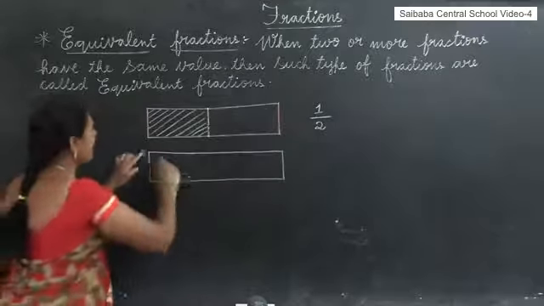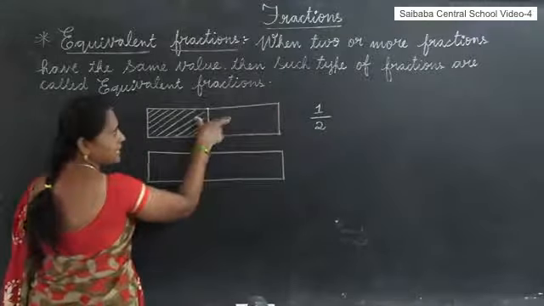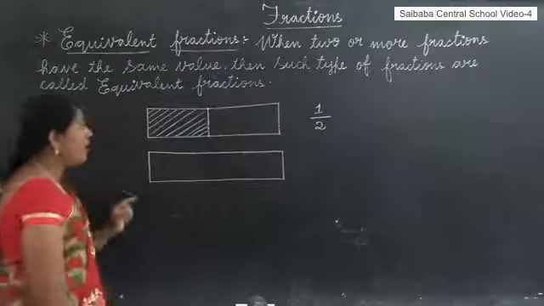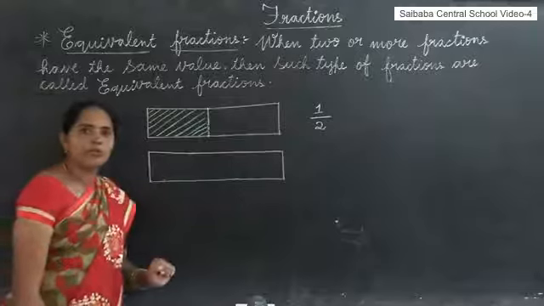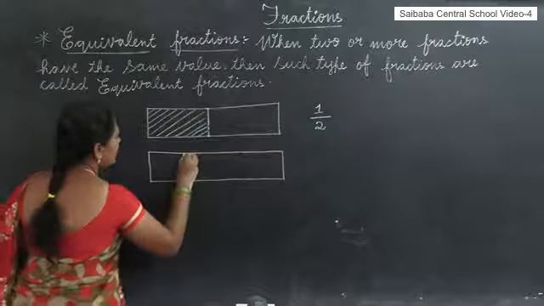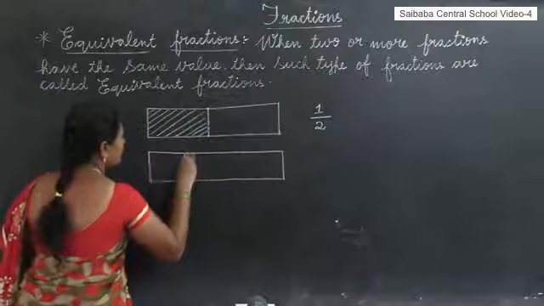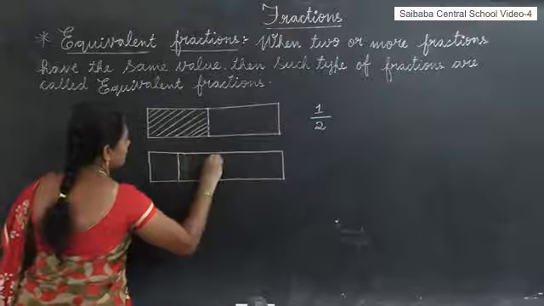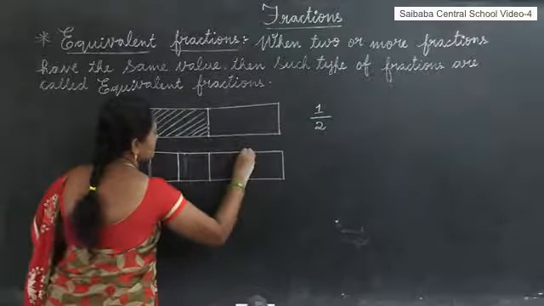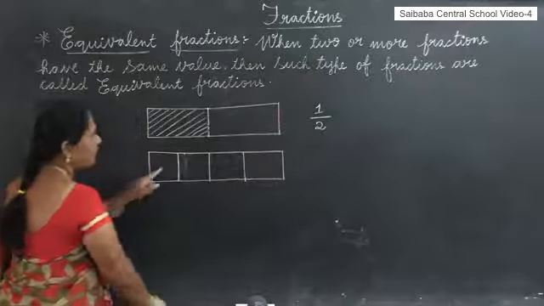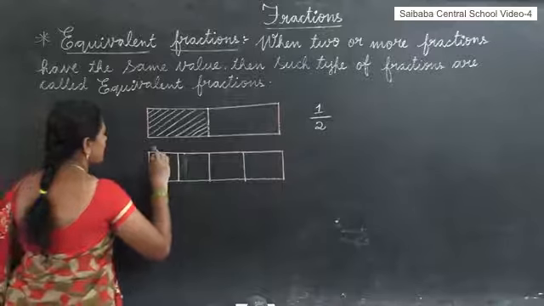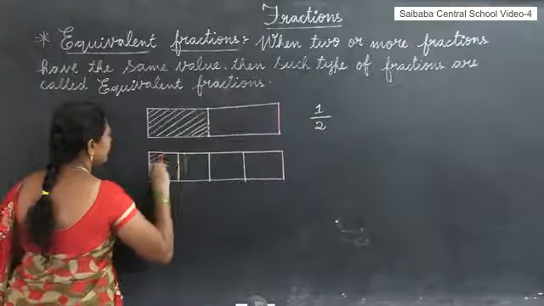Okay. Now, take the same whole, the same size, the same length. Divide this whole into 4 parts. Now, shade 2 parts.